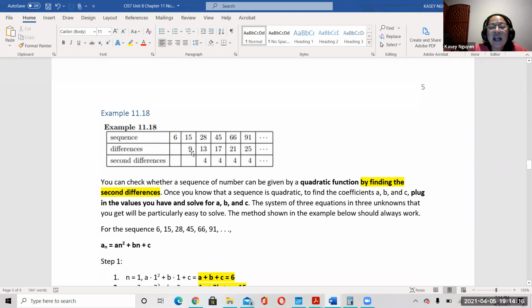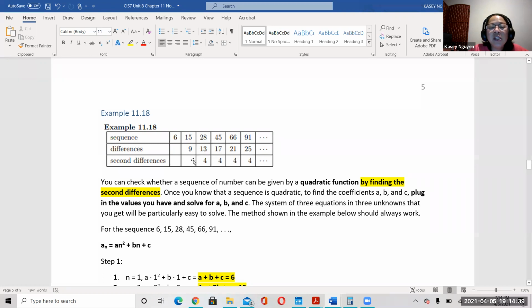So if I take 13 subtract 9, I get 4. 17 subtract 13, I get 4. 25 subtract 21, I get 4. So in the second difference, it's a constant. The first level of difference is a linear function.